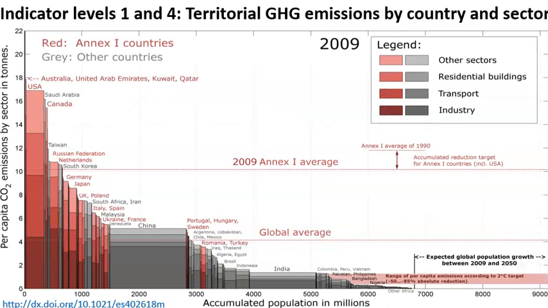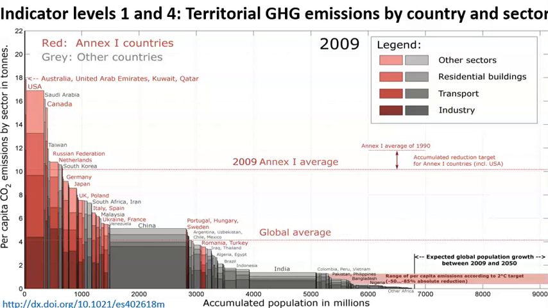We have, as a main example for sustainable development indicators, the per capita greenhouse gas emissions at the territorial level. So this picture here gives you the per capita greenhouse gas emissions of a certain year. It's 2009 as a reference here, sorted by the magnitude.